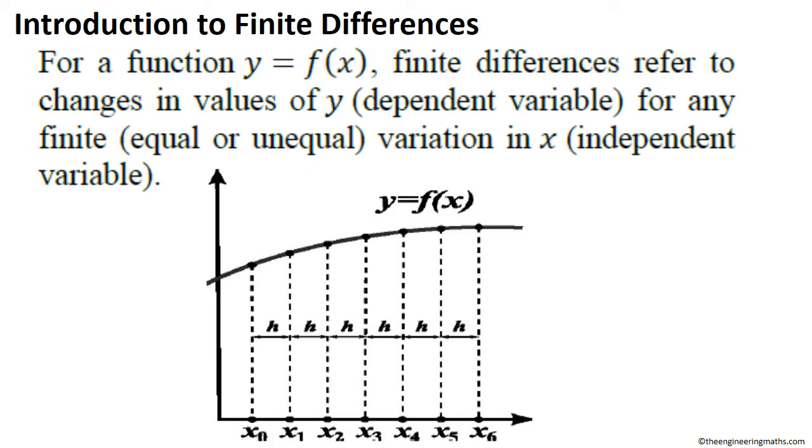And sometimes it happens that we are just given the information within particular points, not at all the points. For example, if we are concerned with the information regarding coronavirus patients, for example today and tomorrow, or the day before yesterday, or maybe the previous month, we are not going to calculate the number of patients at every moment, but we are just concerned with the number of patients on a daily basis.